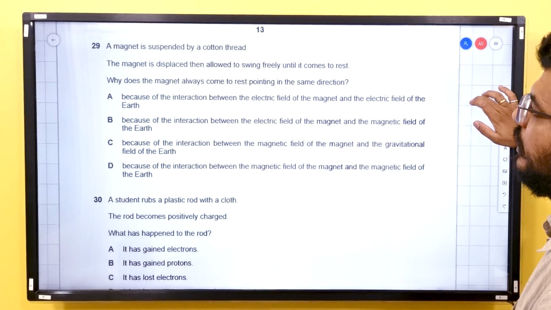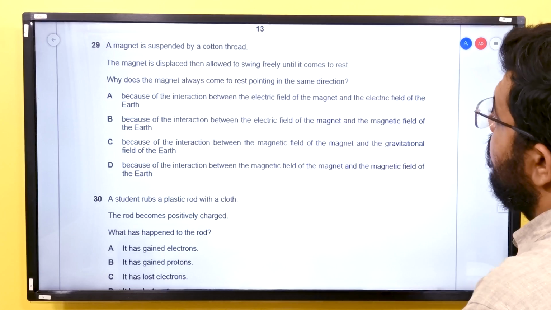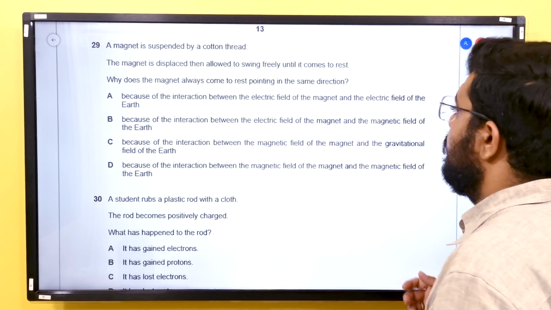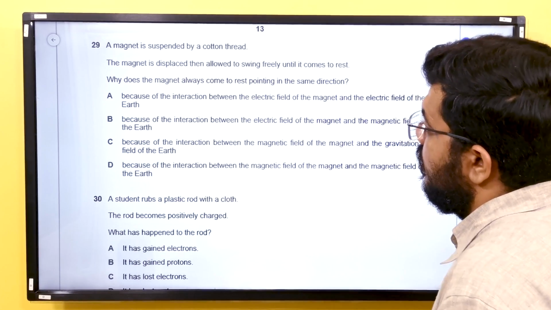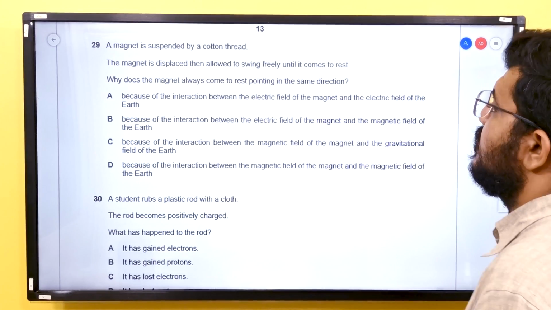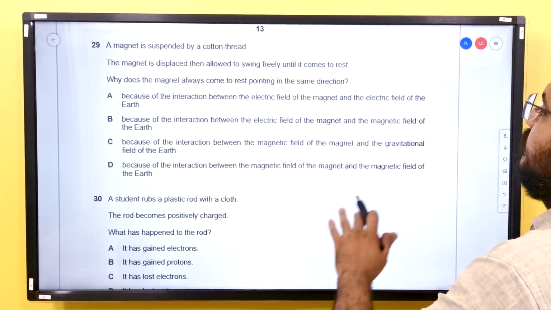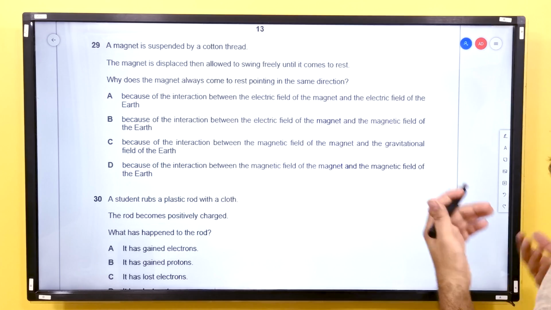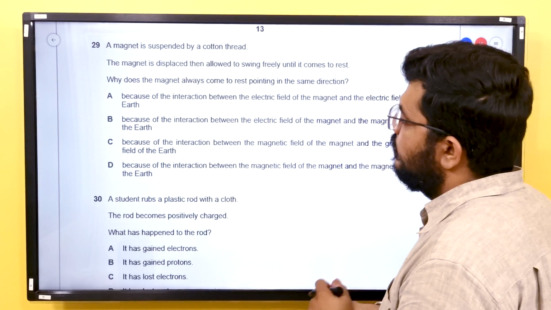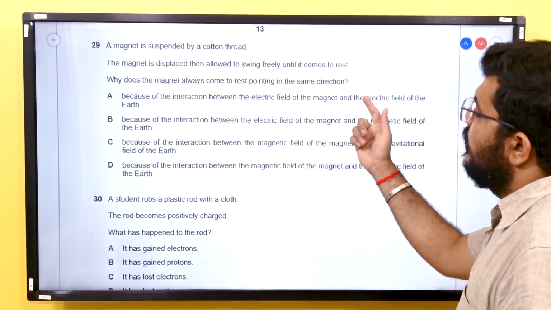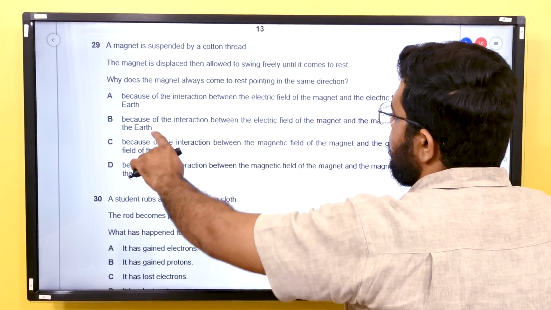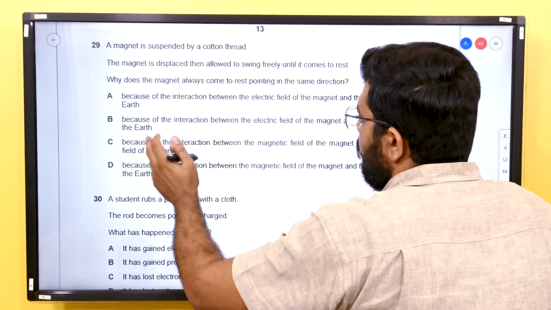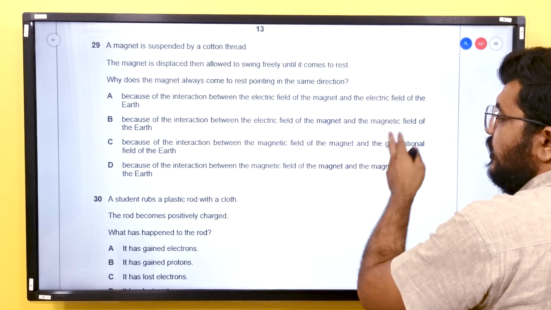Question 29. A magnet is suspended by a cotton thread. The magnet is displaced and then allowed to swing freely until it comes to rest. Why does this magnet always come to rest pointing in the same direction? Because of the interaction between the magnetic field of Earth and the magnetic field of the magnet. Not the electric fields, not the gravitational field.